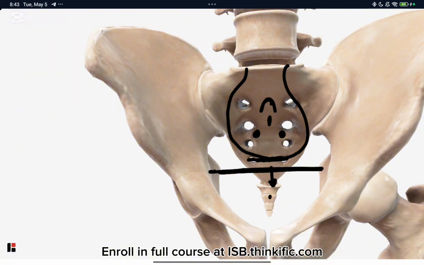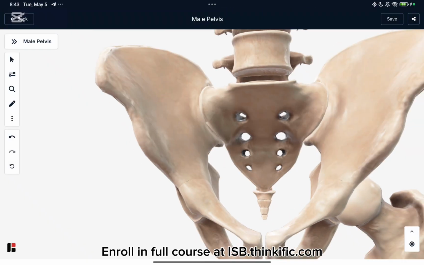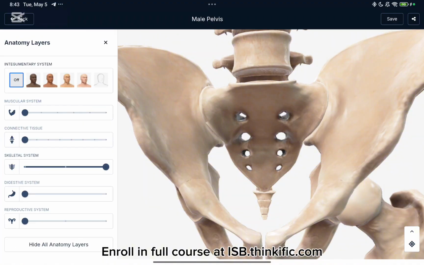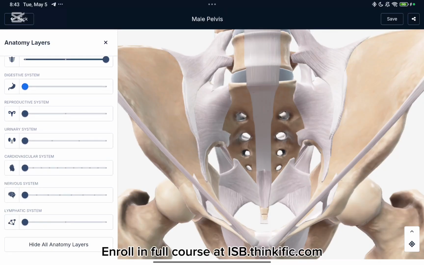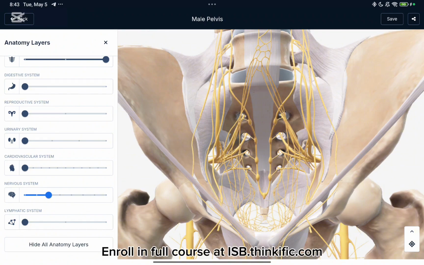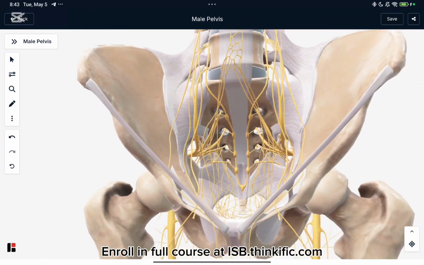The more important thing in the exam to remember about the ischial spines is I want to show you something. I want to bring a ligament here into view, and I want to bring the nerves into view. So let's go at the back.